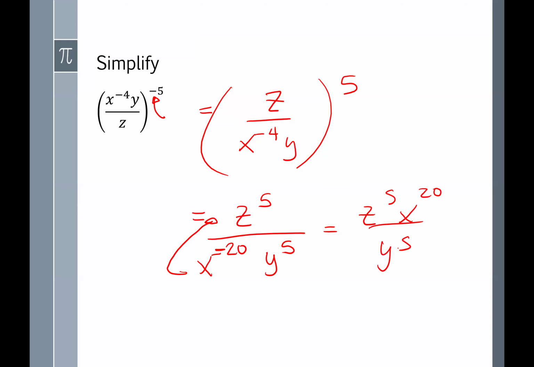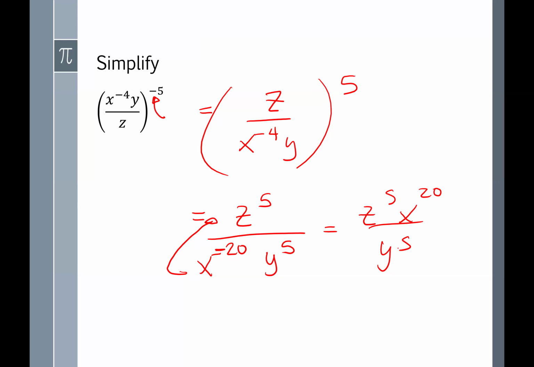Now, you may have learned sometime in your previous career that you can move negative exponents from the numerator to the denominator by making it positive. That's because you're taking the reciprocal. Or you can move it from the denominator to the numerator by changing the exponent to a positive.